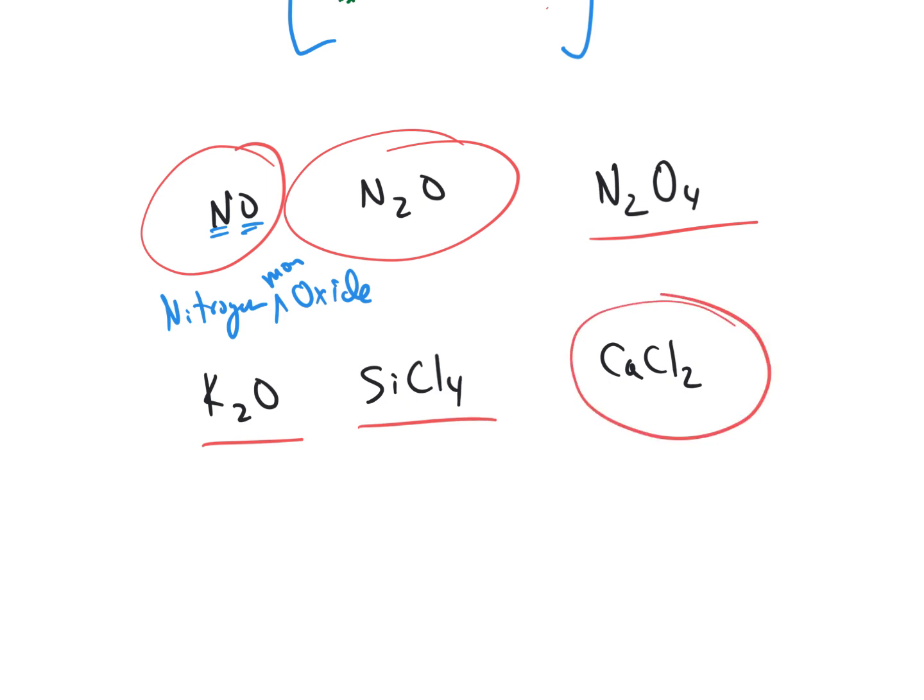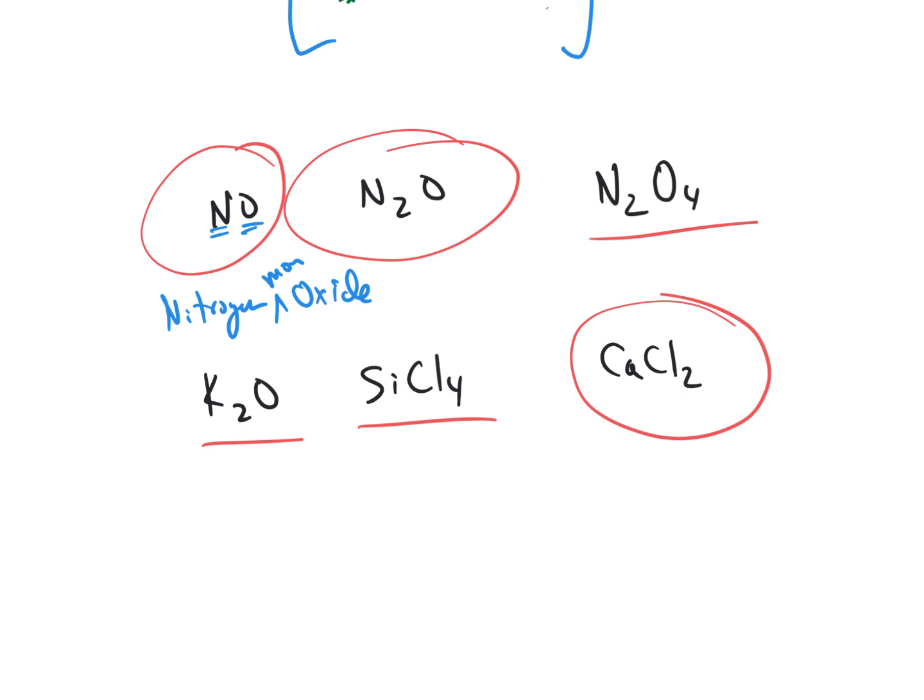What about this one right here? Calcium chloride. This one has a metal in it, so it's an ionic compound. We don't need prefixes, right? Calcium chloride. Are we good? Can we name them okay?